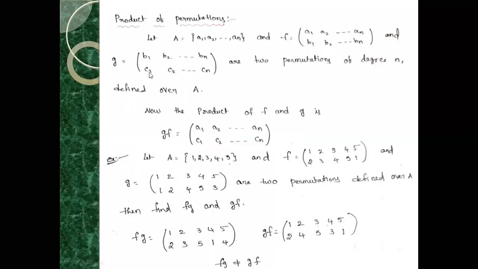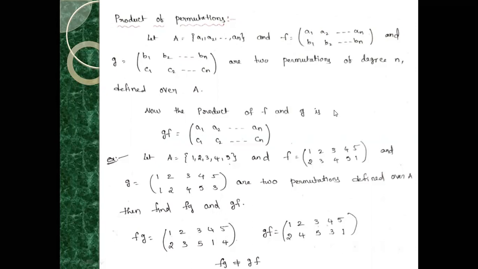And G is B1, B2 and so on Bn, C1, C2 and so on Cn. These are two permutations of degree n. Degree means the number of elements of the given set. Here the degree of the given two permutations is n, defined over the given set A.